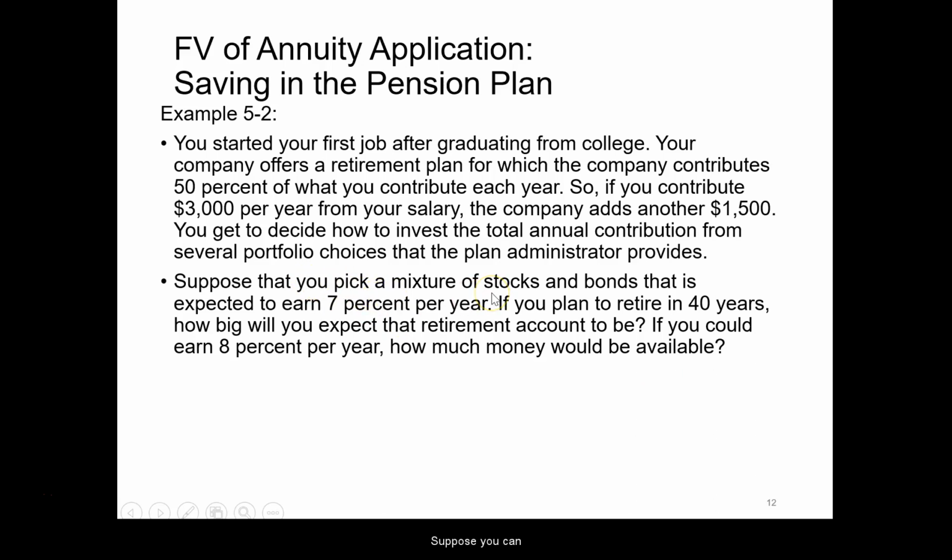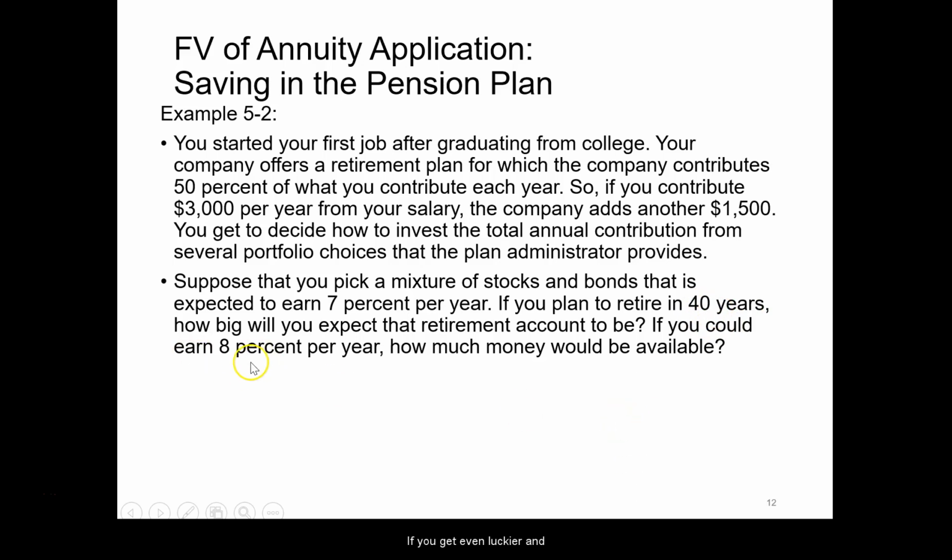Suppose you can invest the money and earn a 7% rate of return every year, and you plan to retire in 40 years. If you manage to put $4,500 every year into this account, and every year it is earning 7%, how much money would you have in this retirement account when you retire in 40 years?